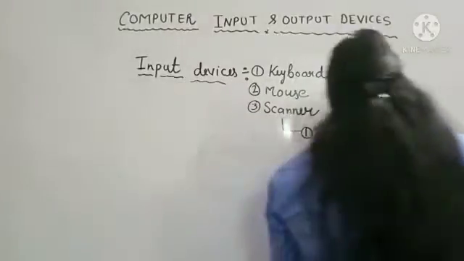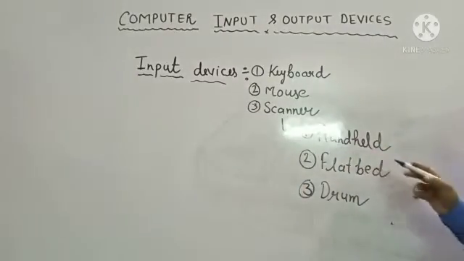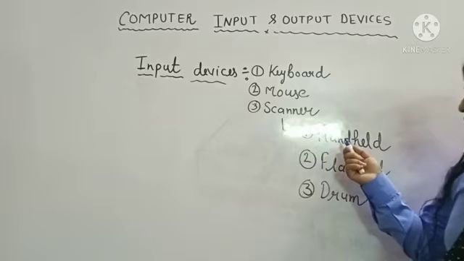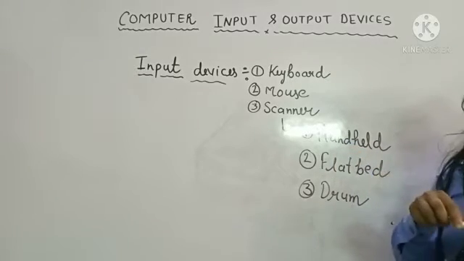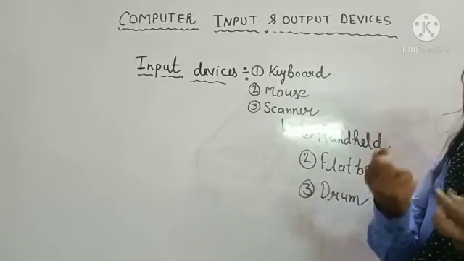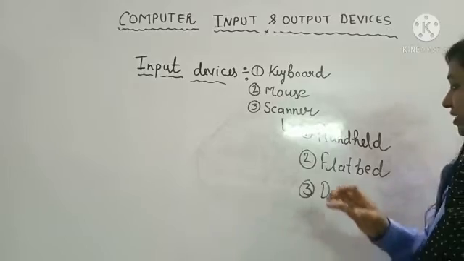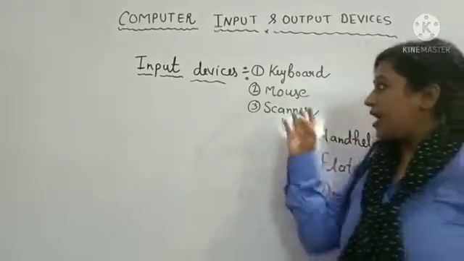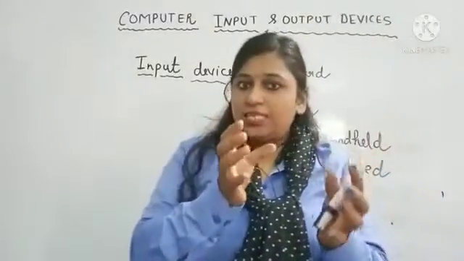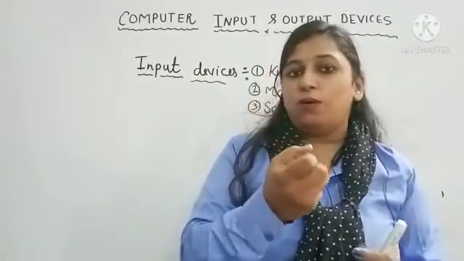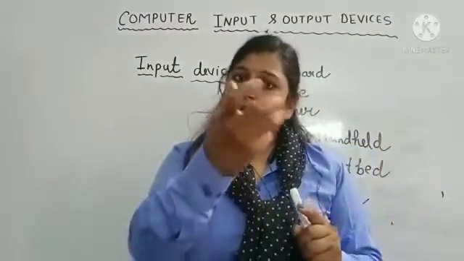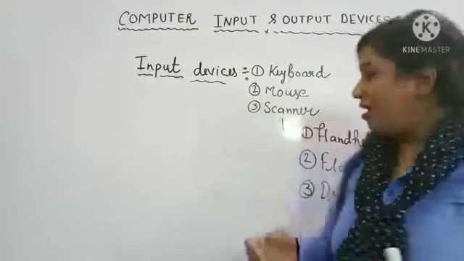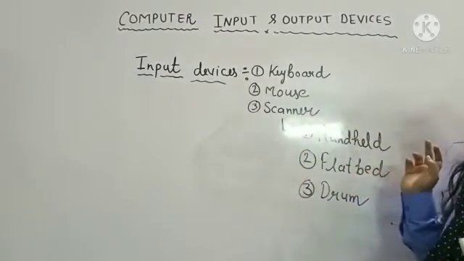So handheld, as the name says, means we can hold it in the hand, right? This type of scanner is very small in size and you can hold it in your hand. So this is a handheld scanner.